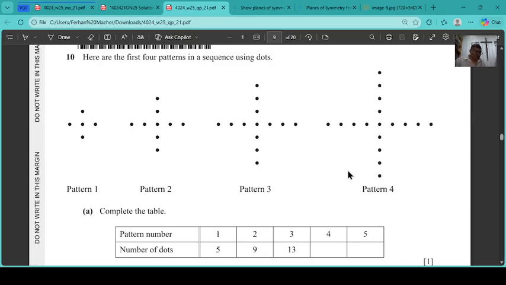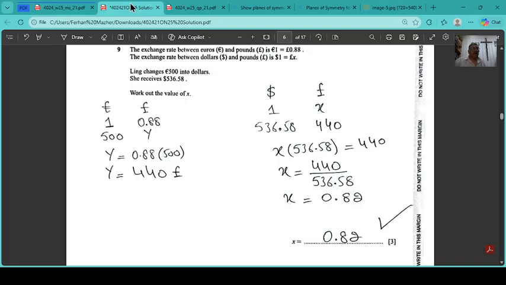In pattern number 4 we have 17 dots. Then their question is how many dots will be in pattern number 5.